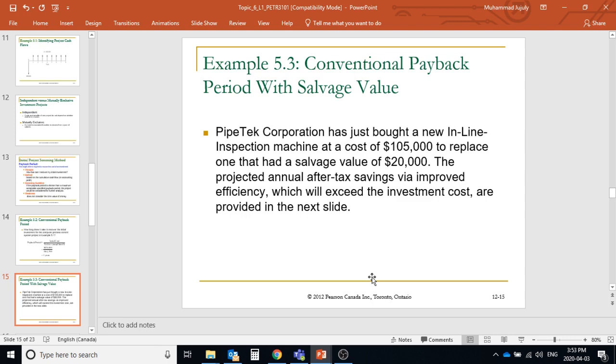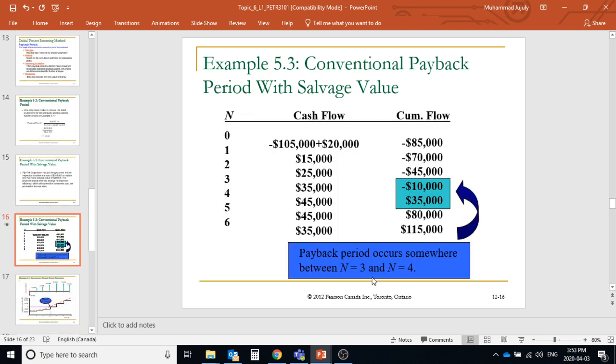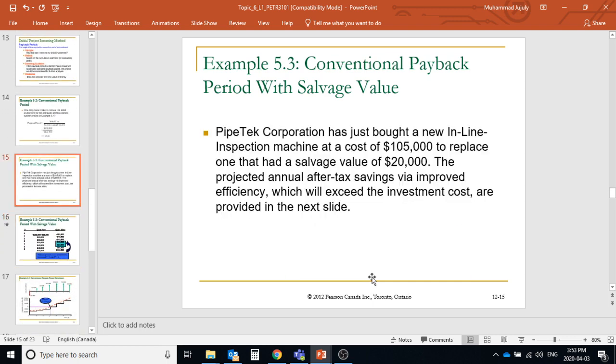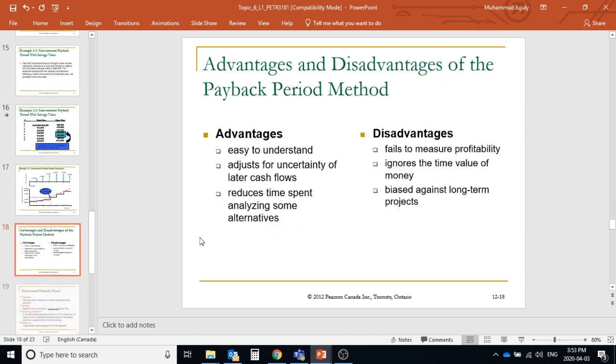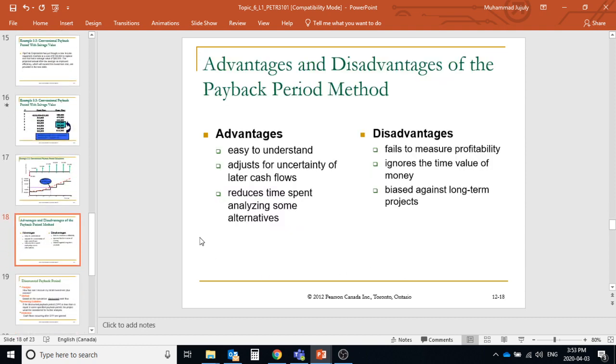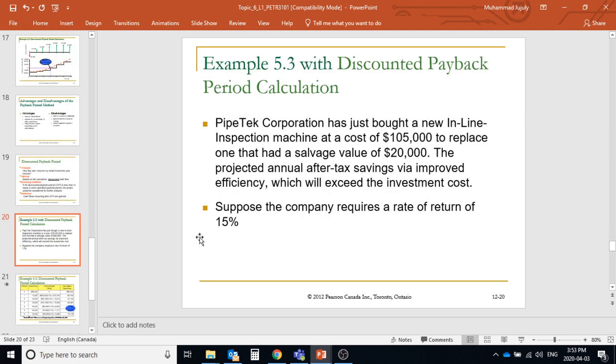That machine also had a salvage value. After adding the tax, we calculated the payback period as 3.2 years with the salvage value.